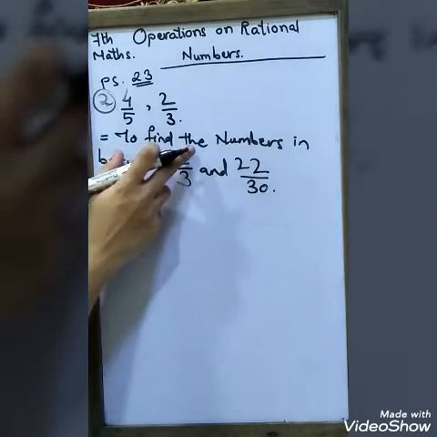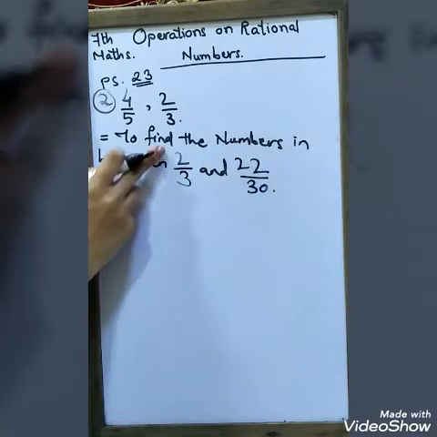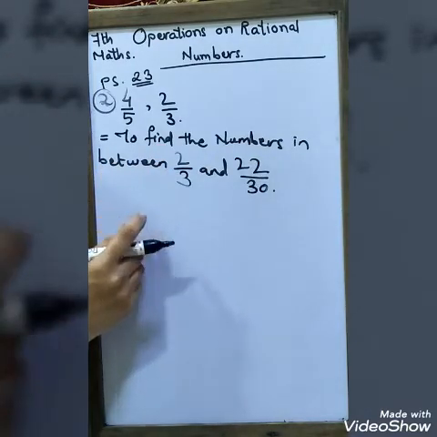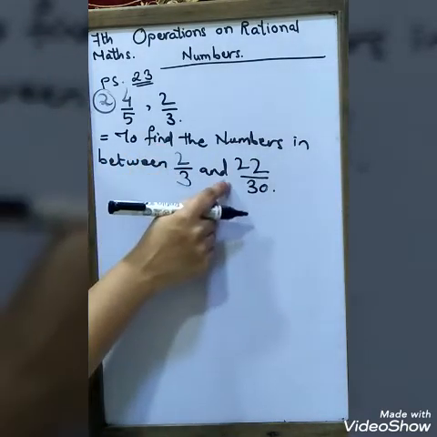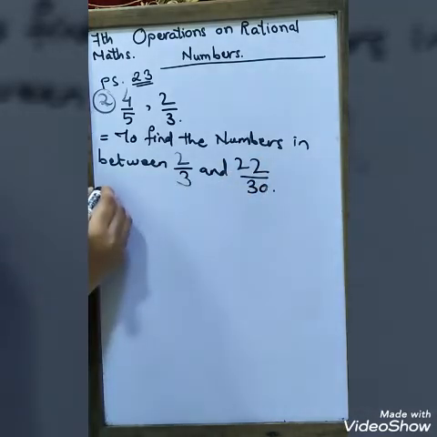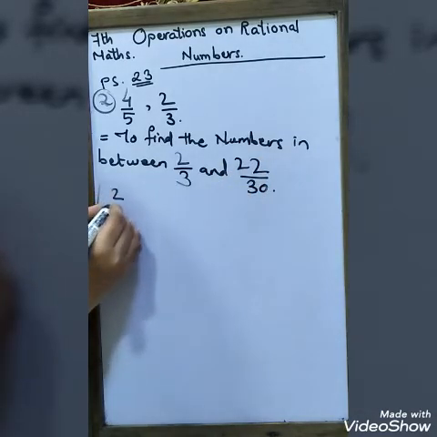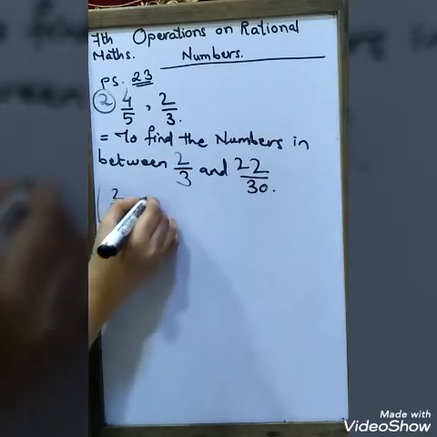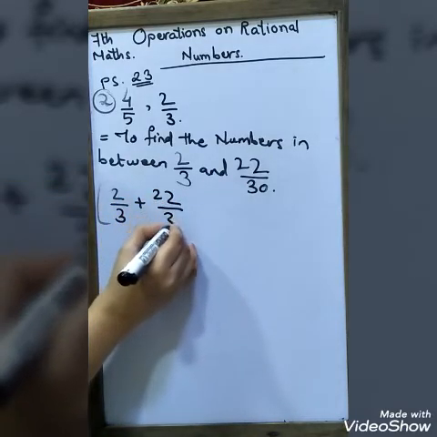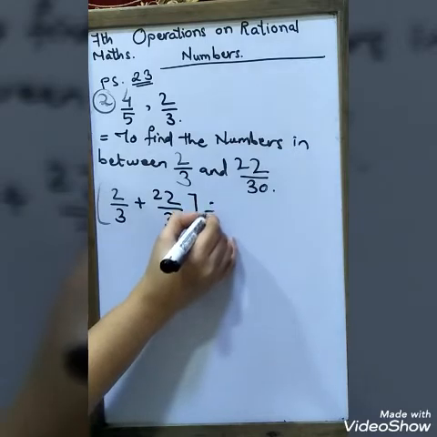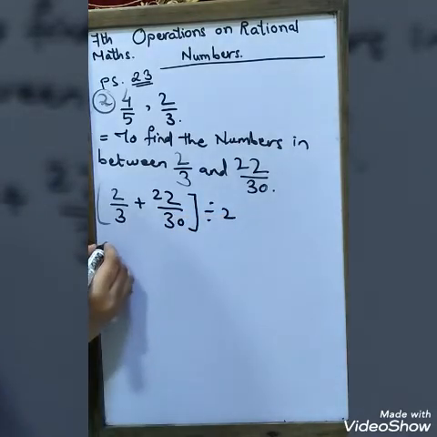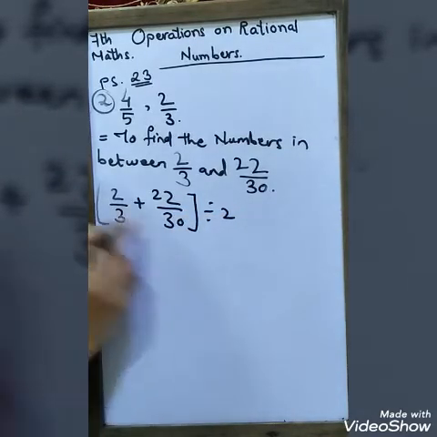Now for the third number, we'll go for, now to find out the numbers in between the 2 by 3 and 22 upon 30, to find out the third number, we will take the 2 by 3 and 22 upon 30. तो यहाँ पर भी सेम स्टेप्स हमको फॉलो करना है. 2 upon 3 प्लस 22 upon 30 डिवाइडेड बाय 2. यहाँ पर क्या करेंगे, ये 3 को 30 बनाएंगे.